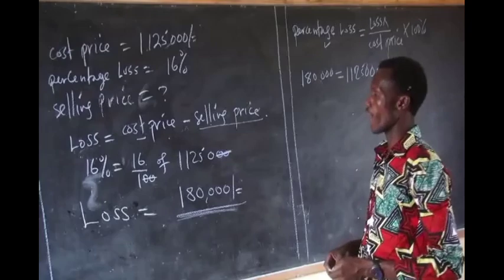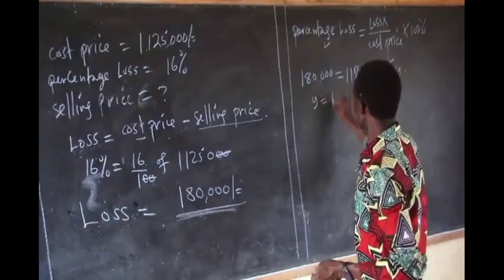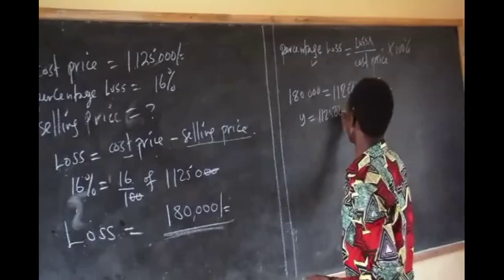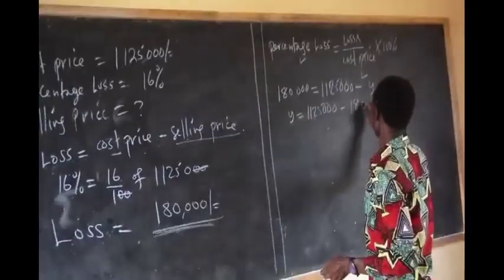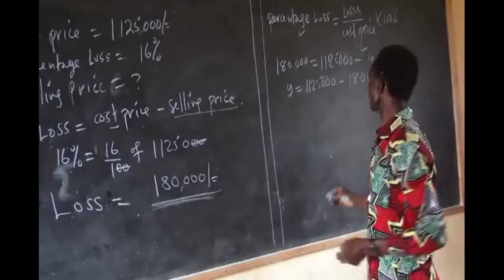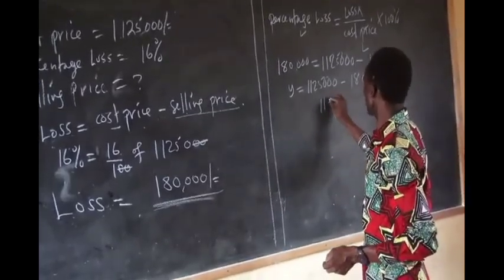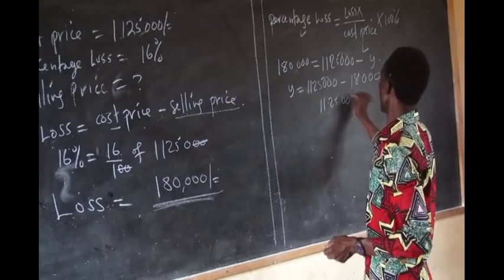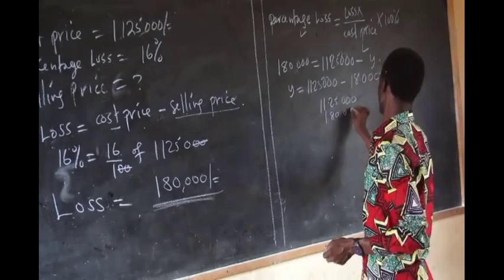Let's say it is y. Taking this to the other side, y is equal to cost price minus loss. So according to mathematics, we write 1,125,000 minus 180,000.